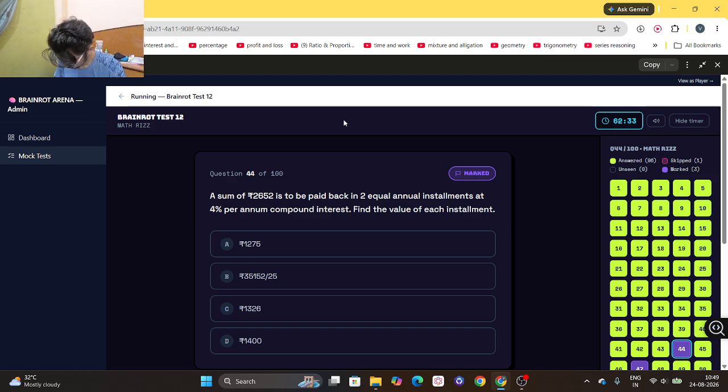That gives 51 upon 676, into 1 by 25. So installment is 2652 into 676 upon 51 into 25.